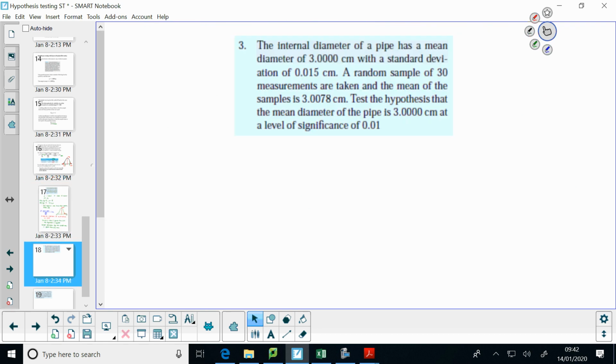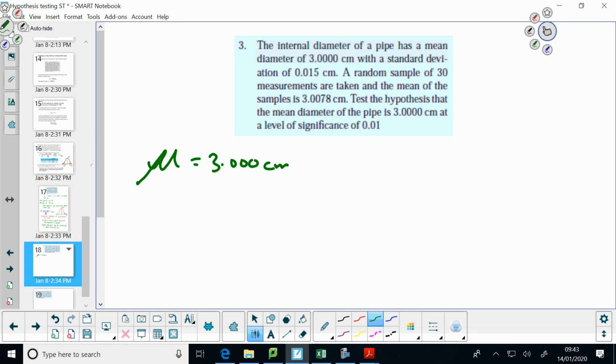The second problem: the internal diameter of a pipe has a mean diameter of 3, so mu is equal to 3 centimeters. Standard deviation, sigma, is 0.015 centimeters.